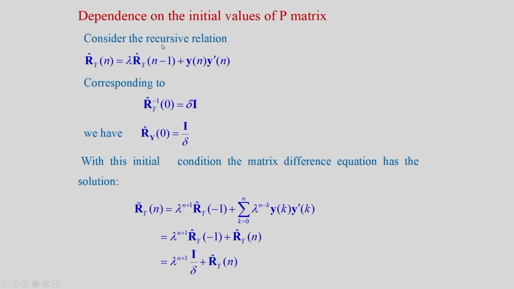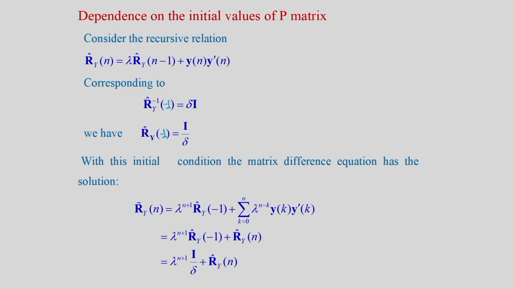Consider the recursive relation, that is Ry hat n is equal to lambda times Ry hat n minus 1 plus yn into yn transpose, corresponding to the initialization Ry hat inverse at minus 1 is equal to delta I.